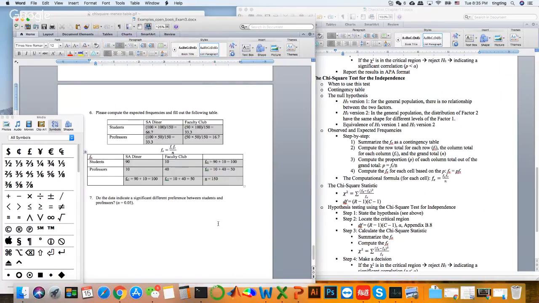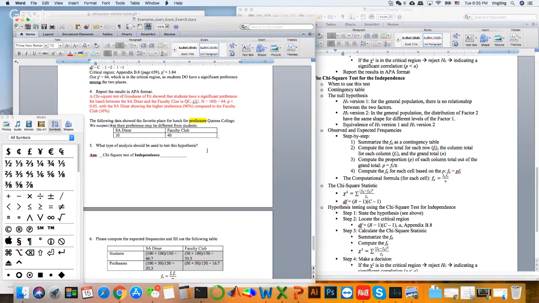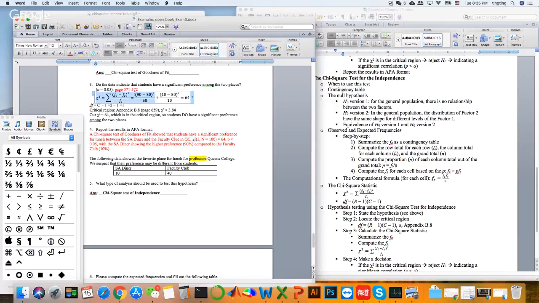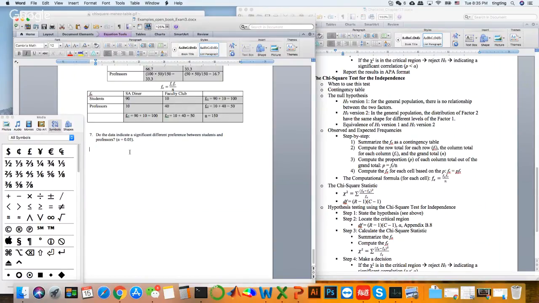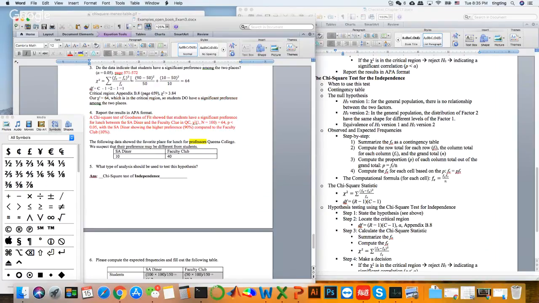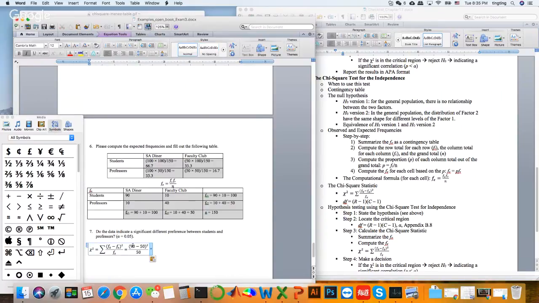And then we also need to do the computation. Chi-square uses the same formula, just with more computation. So check here, the first column, FO is 90, and the FE is 66.7. Also here is 66.7.